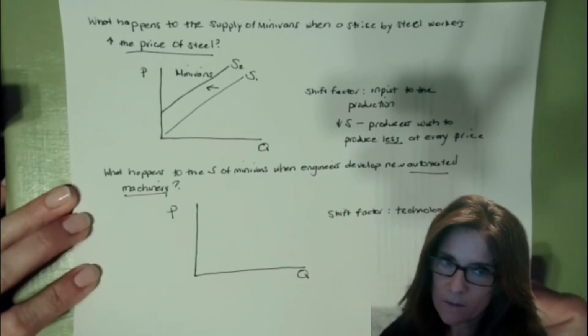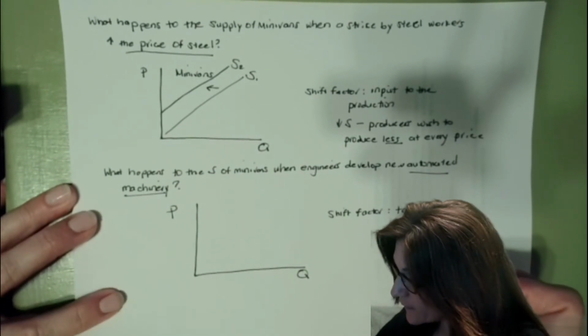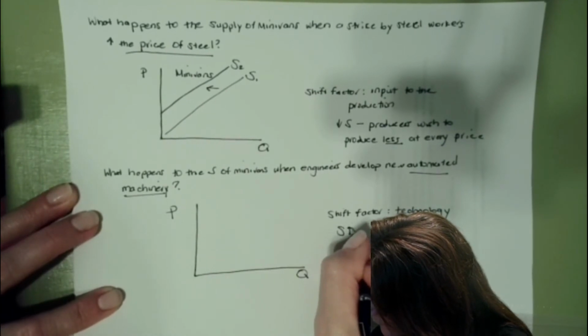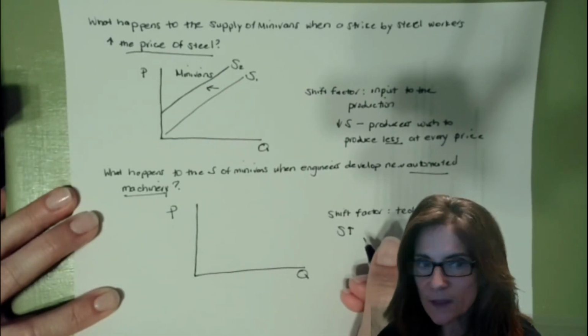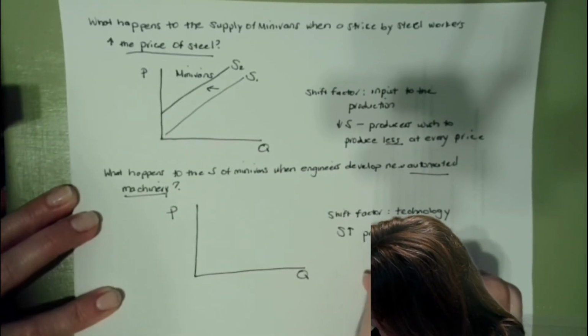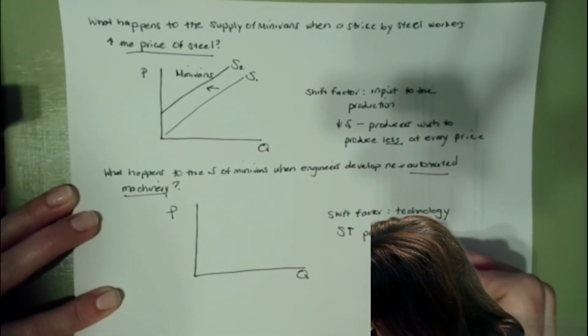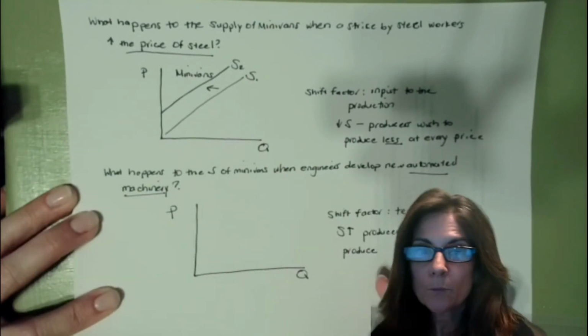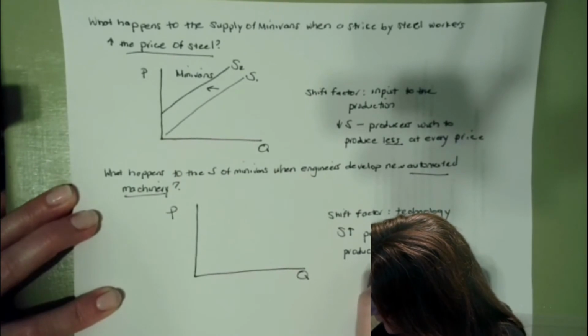And in most cases, when there's a new technology, this is going to be a good thing for producers, which means supply would increase, or that producers would like to produce more at every price.